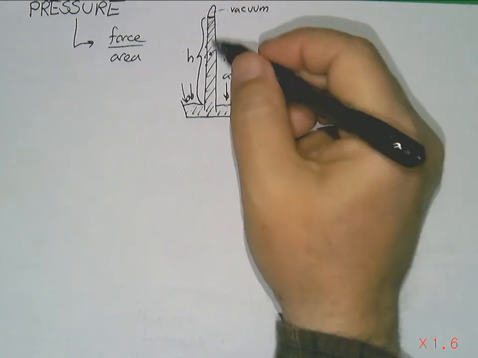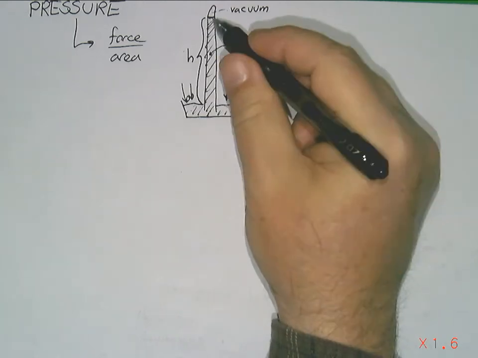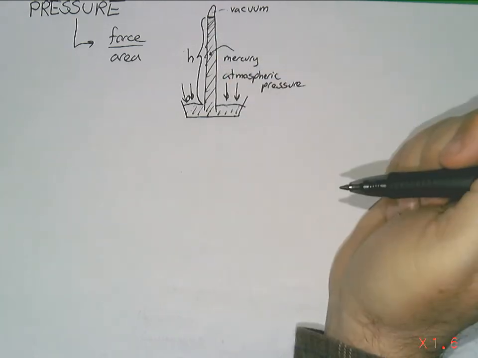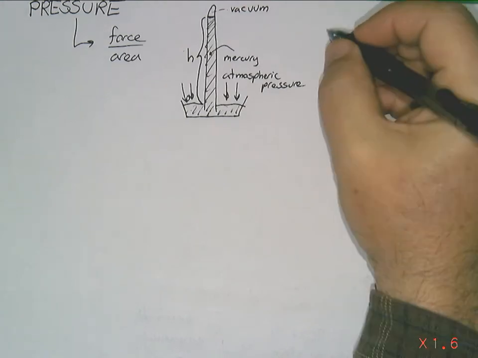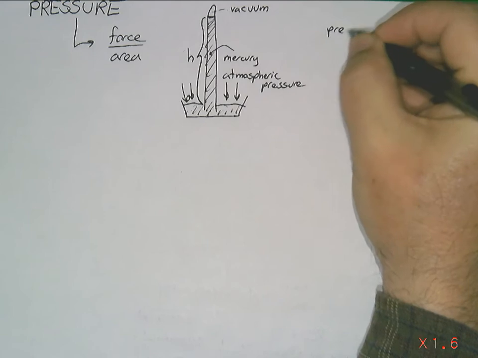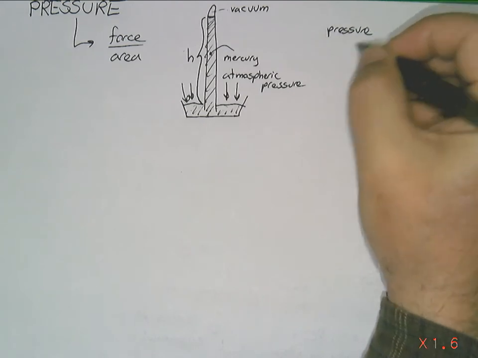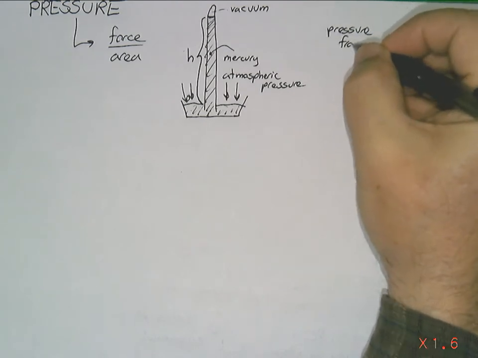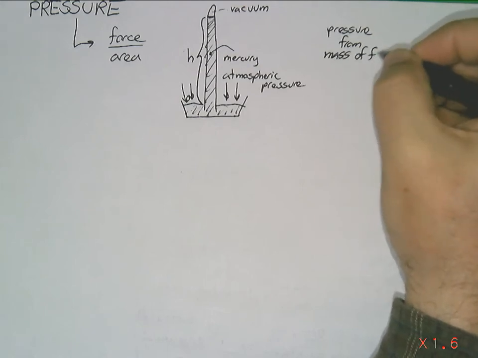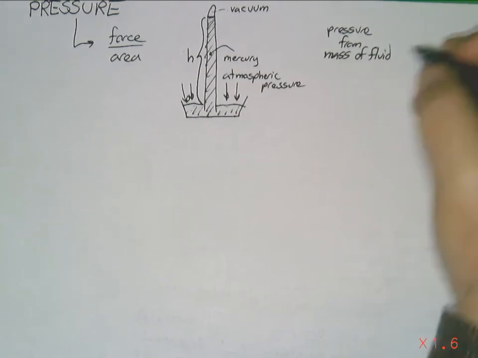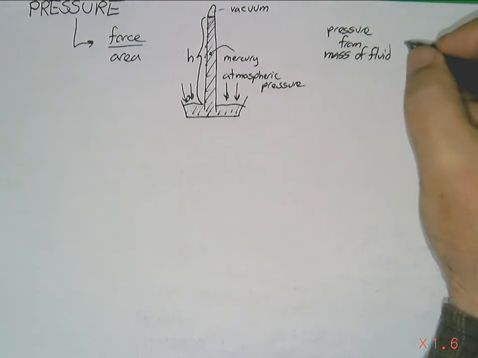It only squirts up so high, though, only to a column of that height. And you really have two pressures that are being balanced here. You have a pressure from the mass of fluid, and you have a pressure from the atmosphere.